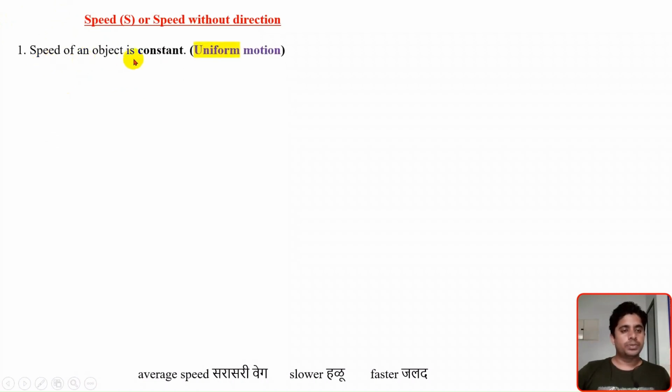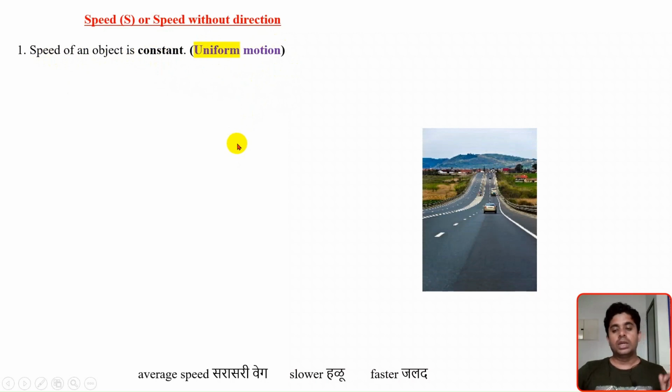When the speed of an object is constant, it means that the object is under uniform motion. Let us take an example. Now, three different cases we will consider. The first case is when the car is traveling on a road with an upward slope.